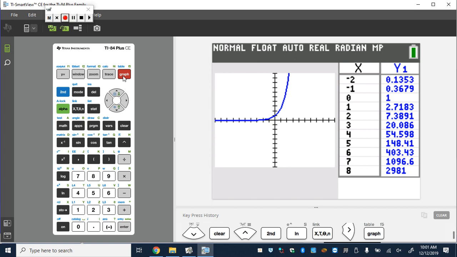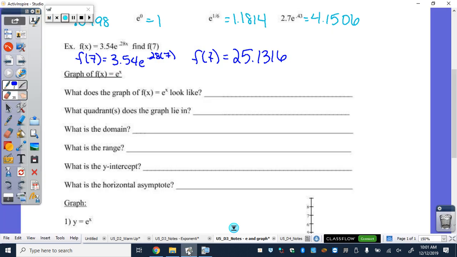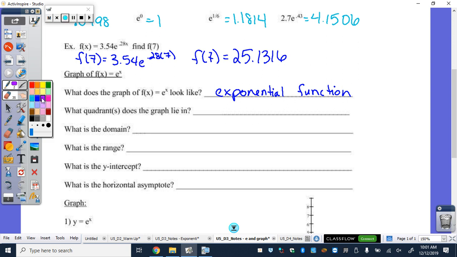It's an exponential function. It's just another kind of exponential function. Which makes sense because your x is still in the exponent spot, so it's still an exponential function even though it's on a base of e as opposed to a number.